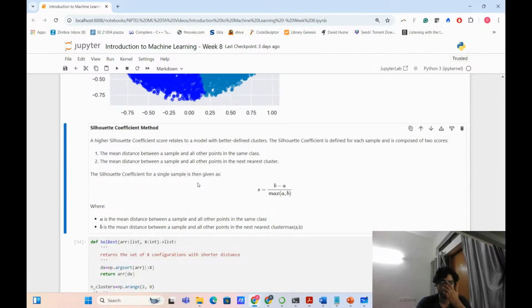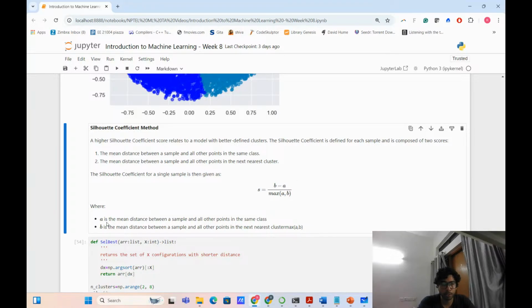Now, there is something called a silhouette coefficient, which basically measures how closely packed these clusters are, right? So this is similar to something like WCSS, which we use in k-means.